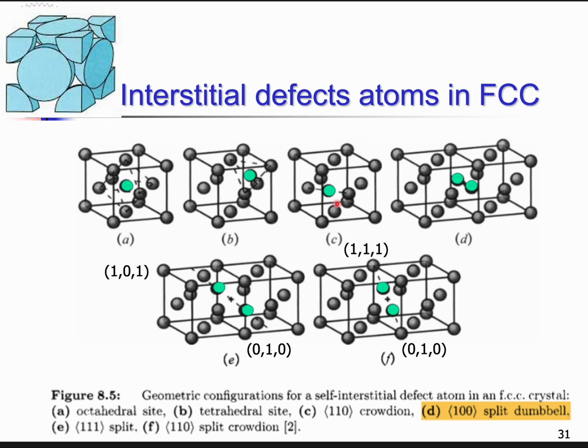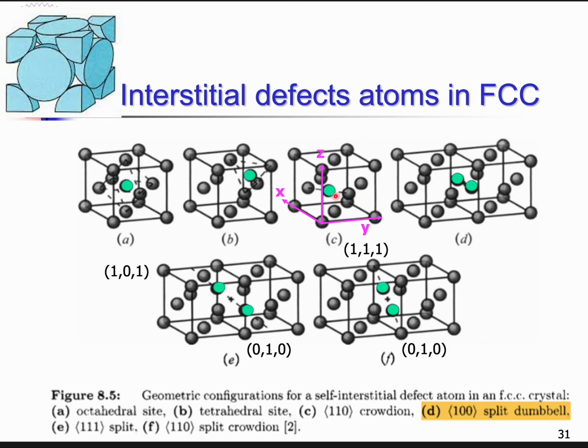Okay? And the third one, if you take a look closely, C is actually a 110 crowdion. So what does 110 mean? If you use X, Y, Z to label it, you will find this interstitial defect forms in between these 2 atoms located at the center of the base.